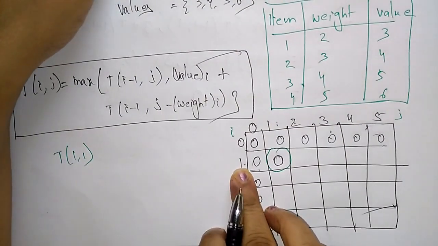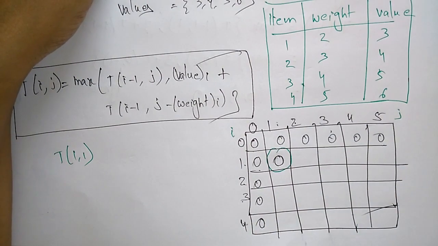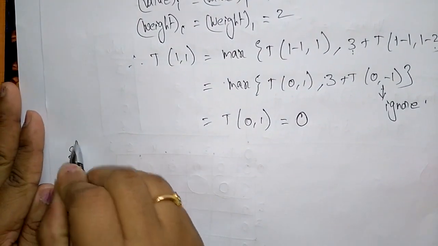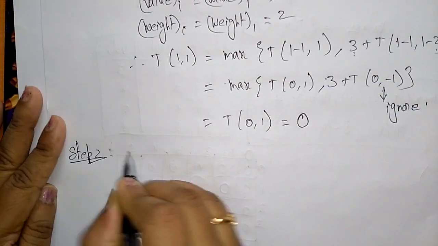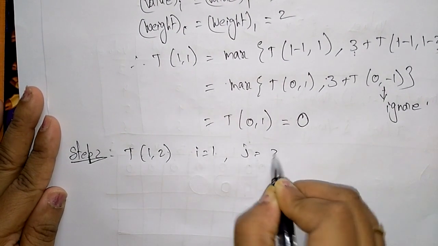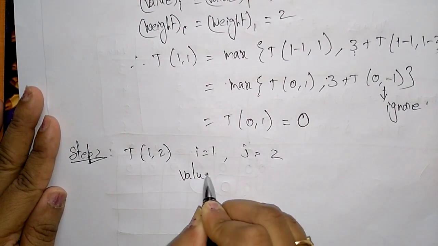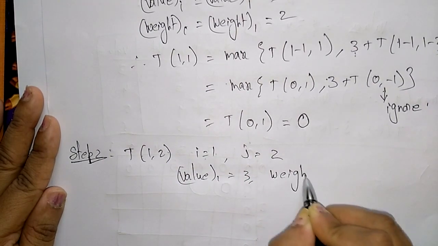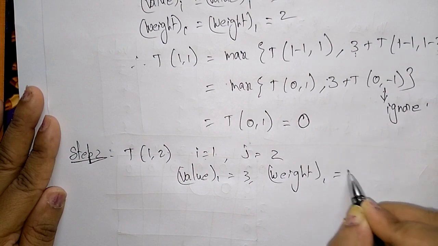Now calculate T12. Next we will calculate row wise. So next is T12, step 2. Apply the same formula. T12, I is equal to 1, J is equal to 2. So the value of 1 is 3, we know that, and the weight of 1 is 2.